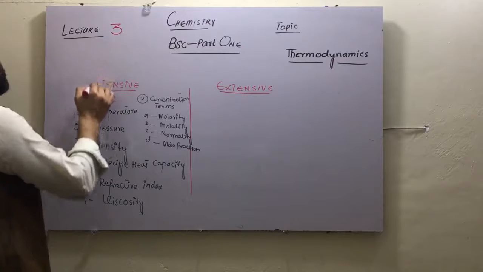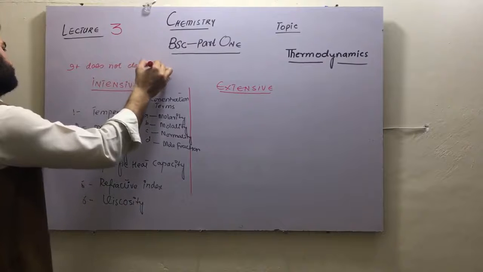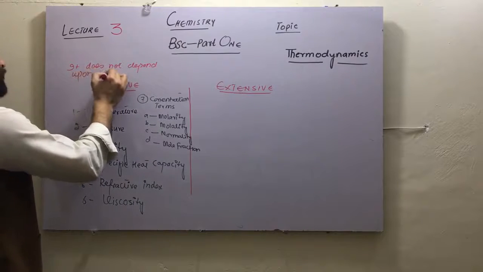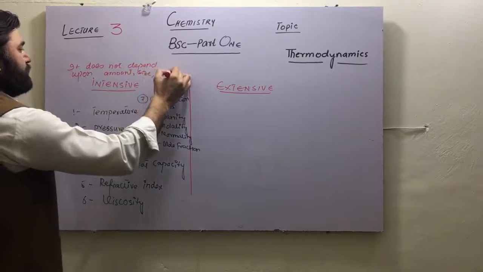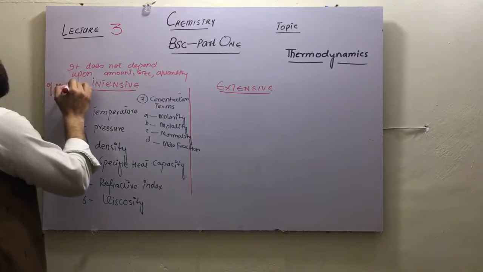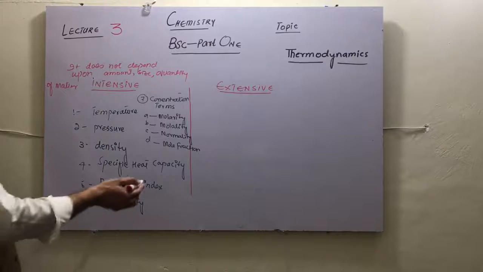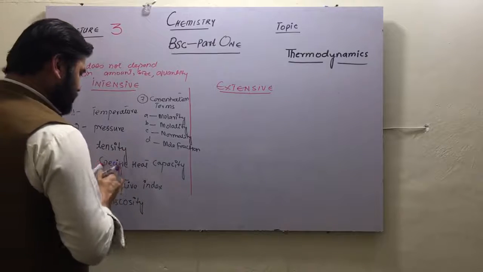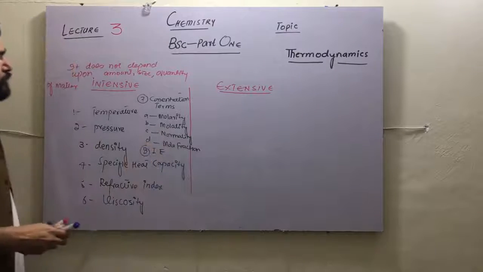They do not depend upon the amount, size, and quantity of matter of a system. So these are totally intensive properties, which will cover all your topics. And there is one more property: ionization energy, let me write 8. Ionization energy is also an intensive property.